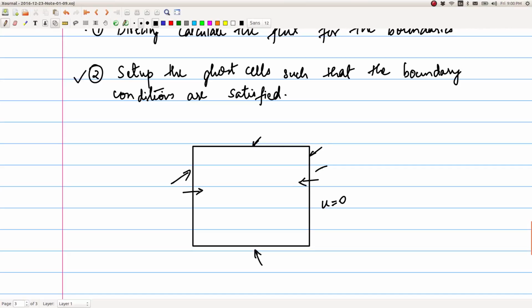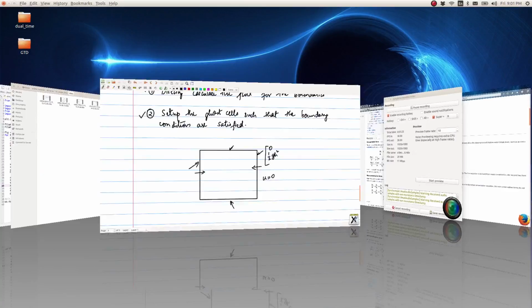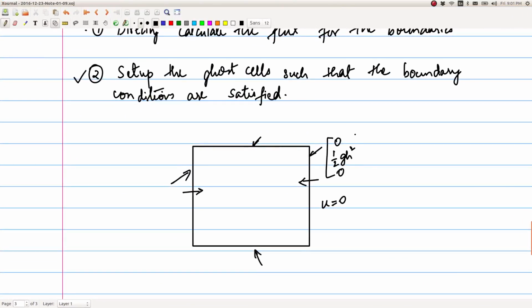So for this wall and for this wall, the flux vector is going to be 0, half g h squared, and 0. This will be the same vector for this wall as well.